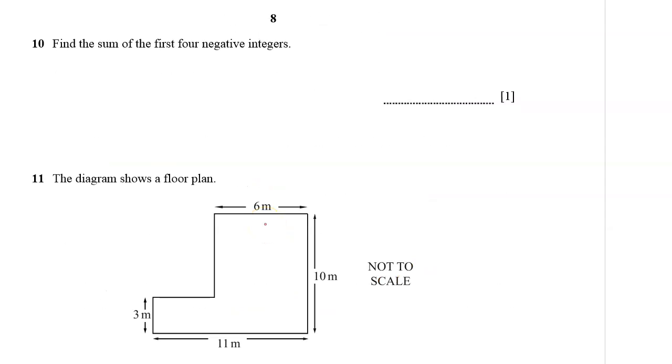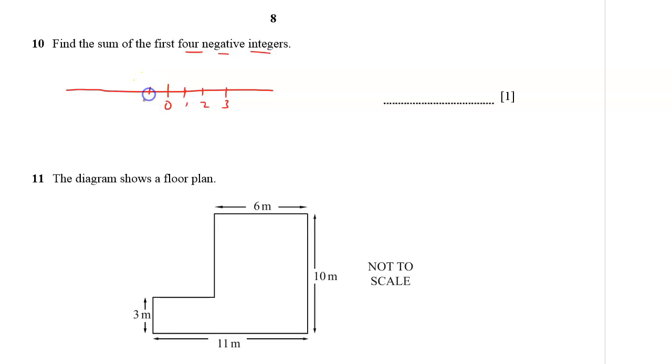Question number 10. Find the sum of the first 4 negative integers. Of course, for negative integers you have a number line here, starting from 0. This is 1, 2, 3, and so forth.